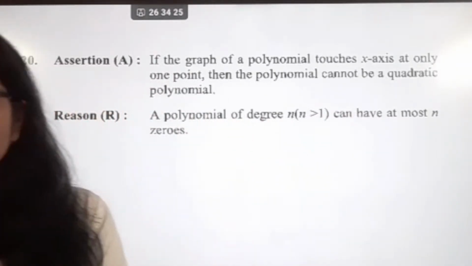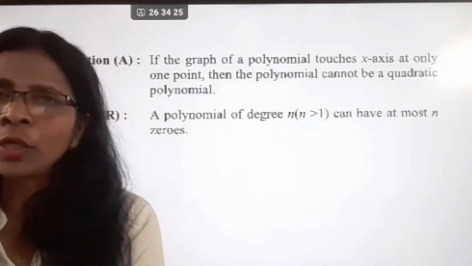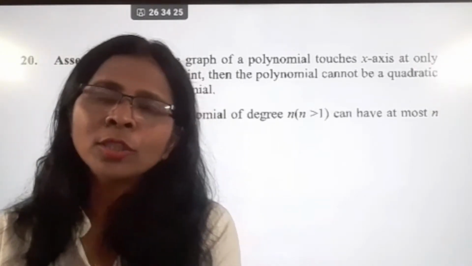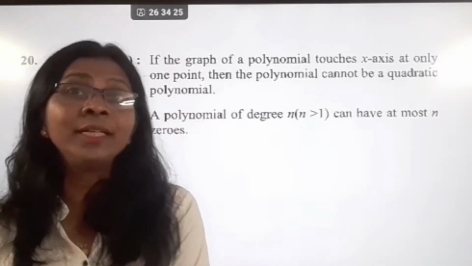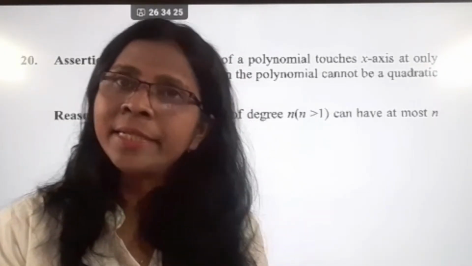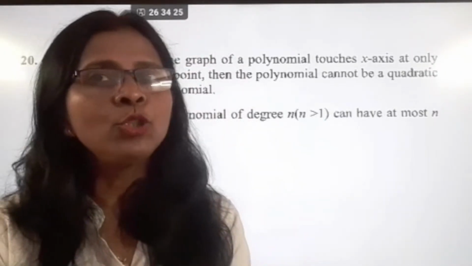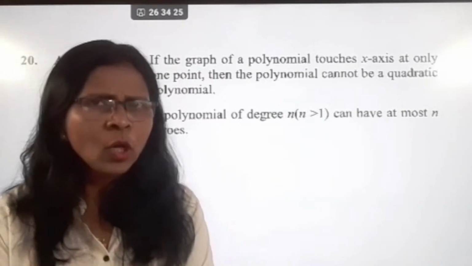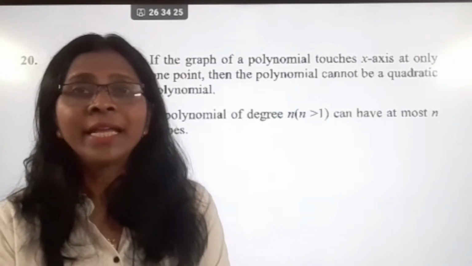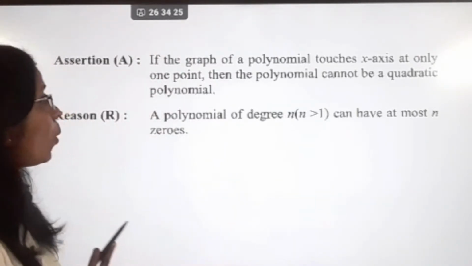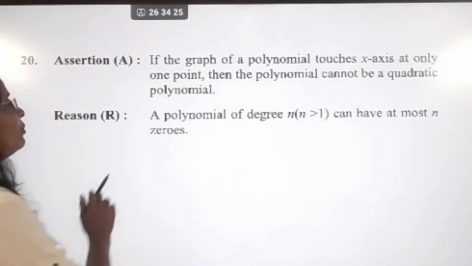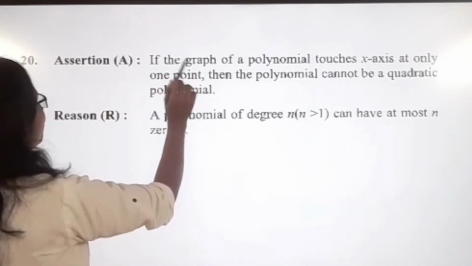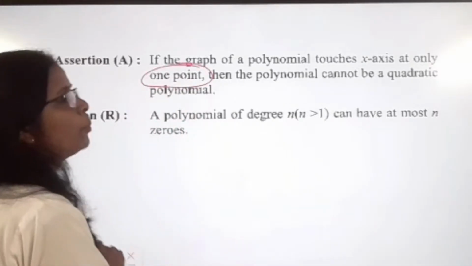Students, here the term quadratic polynomial is mentioned, and for a quadratic polynomial the degree, the highest index of the variable, should be 2. Then it will be a quadratic polynomial. But if there is only one point, we can't say that it is not a quadratic polynomial.